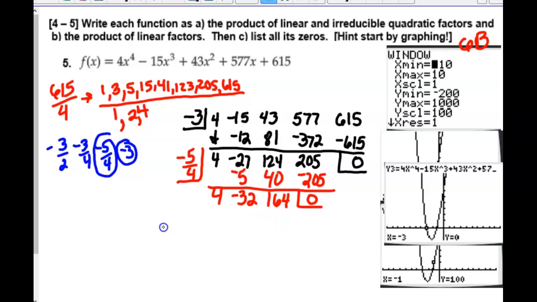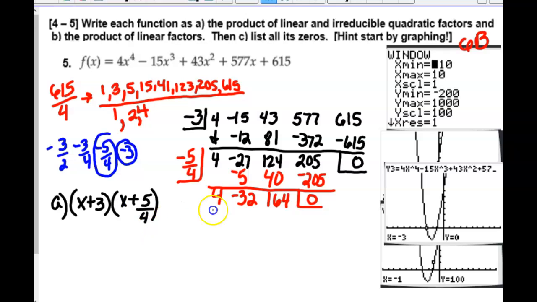Okay. So we are supposed to write this as irreducible factors first for A. Can you tell me what the factor for negative 3 was? Okay. What is the factor for negative 5/4? We could write x plus 5/4.